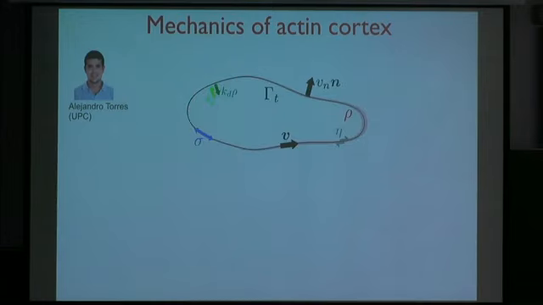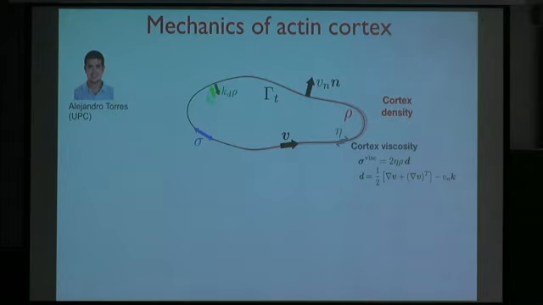So this is a continuum model in which you have a number of ingredients. One of them is the cortex density. So we're going to assume that the thickness or the density of this network can change in space and time. Then this is an interfacial fluid, so there is some kind of cortex viscosity that will be proportional to the thickness of the cortex, and this is the rate of deformation tensor that involves both tangential flows and the shape changes in the presence of curvature.